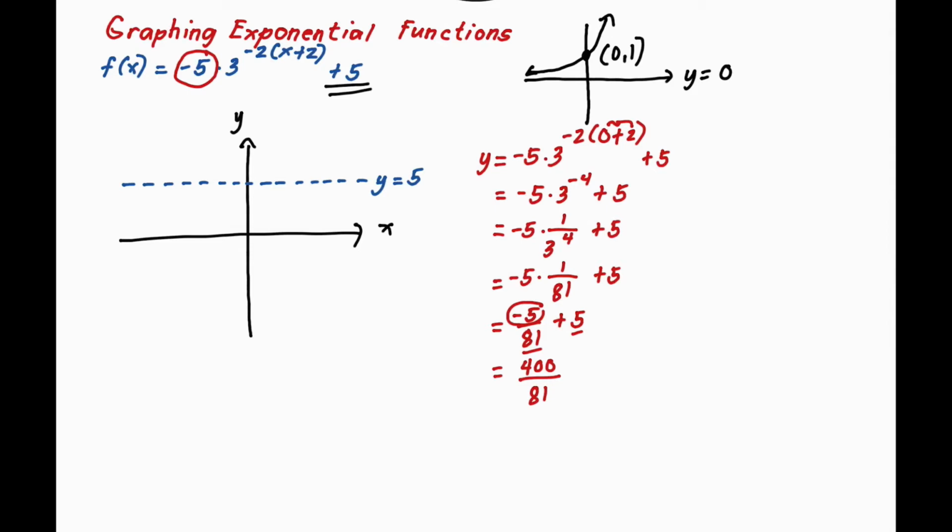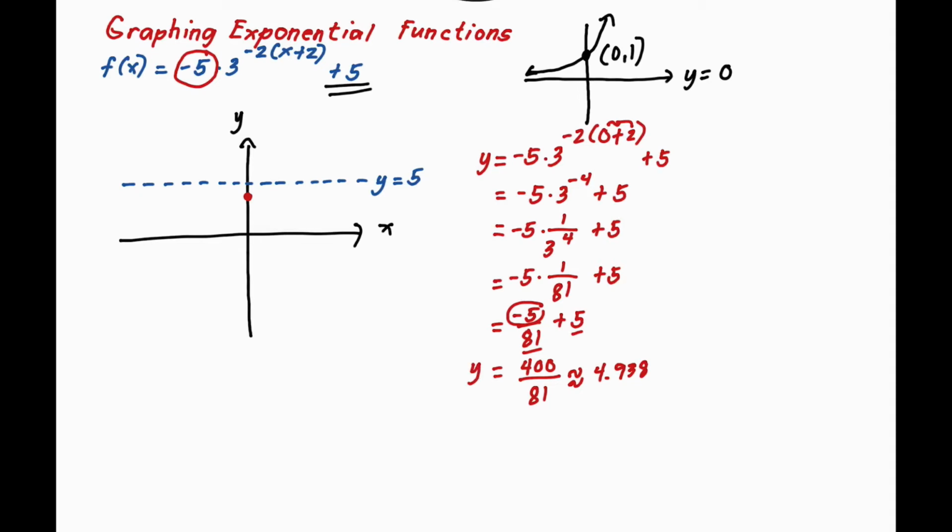Let's divide that. 400 divided by 81, and you will get approximately 4.938. Let's say it's going to be here, for example. That's your y-intercept.